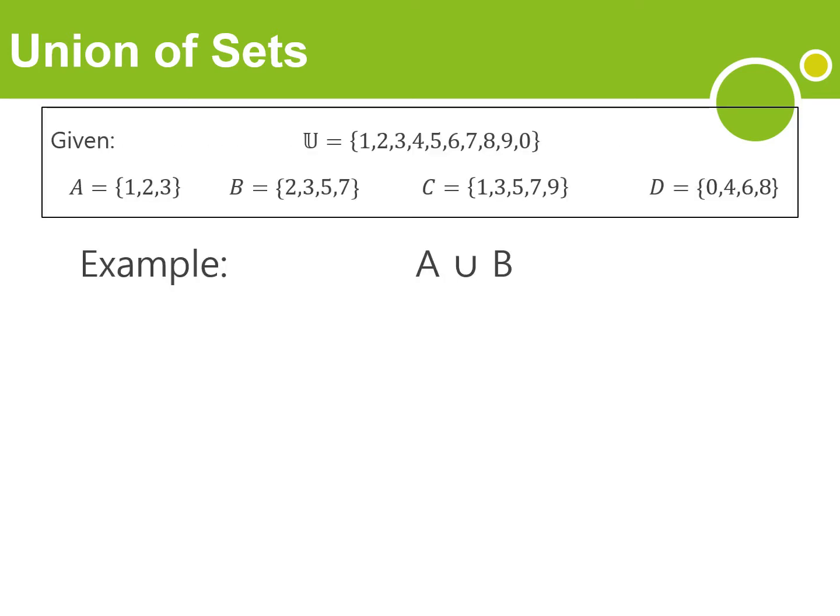For example, you are given with the following. So we have a universal set has the elements of 1, 2, 3, 4, 5, 6, 7, 8, 9, and 0. And we have the following subsets: A, we have 1, 2, and 3, B, 2, 3, 5, 7, C, 1, 3, 5, 7, 9, and D, 0, 4, 6, 8.